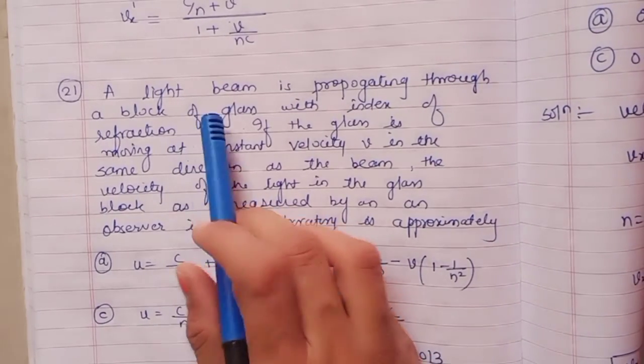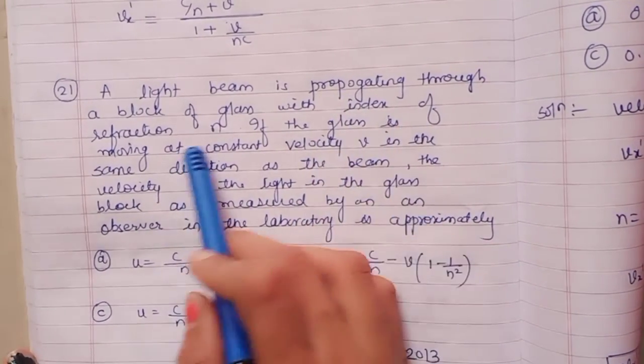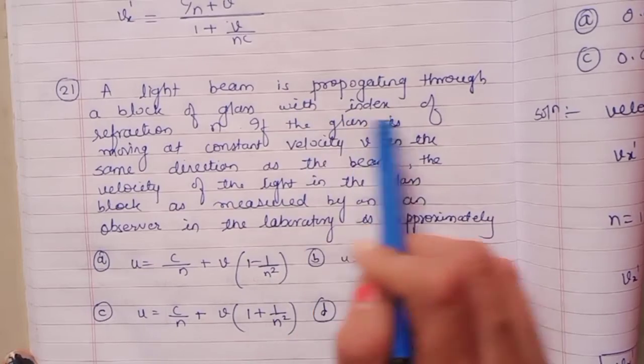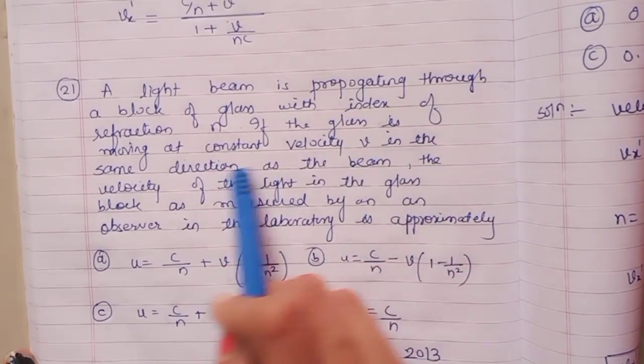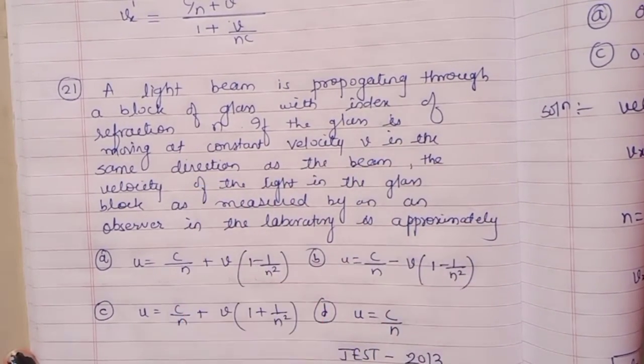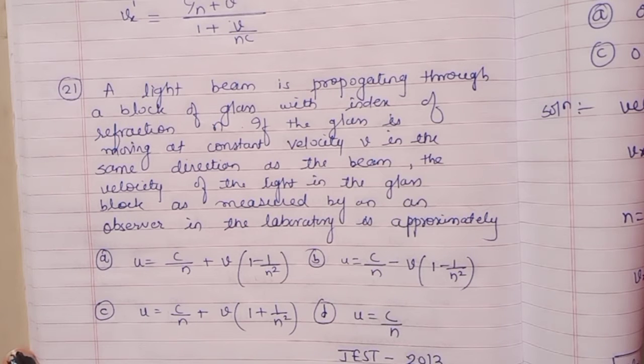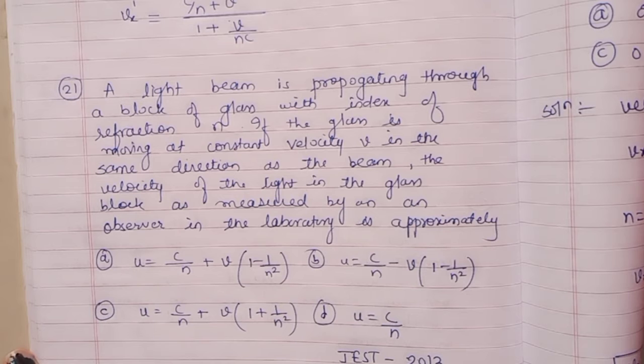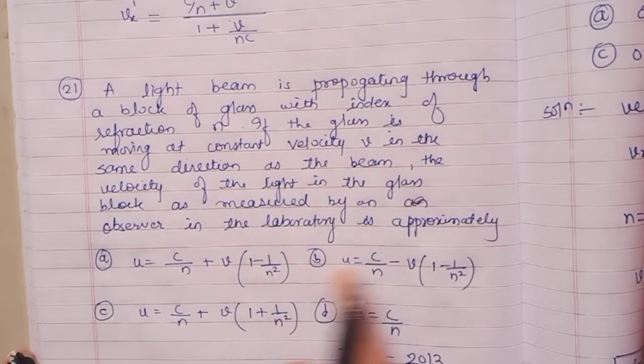Now next is, a light beam is propagating through a block of glass slab with index of refraction n. If the glass is moving at a constant velocity v in the same direction as the beam, the velocity of the light in the glass block as measured by an observer in the laboratory frame is approximately. Then there are 4 options which are given.